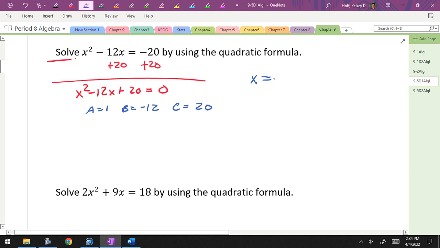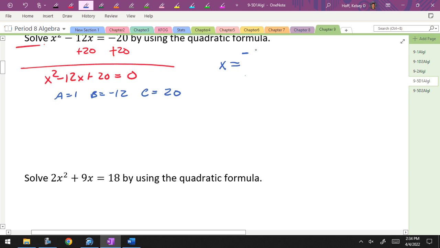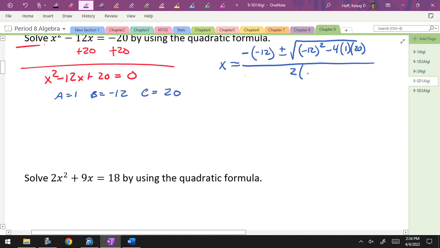X equals negative B. So negative, what is B? Negative 12 plus or minus the square root. Make a big square root. B squared, what's B? Negative 12 squared minus 4 times A, which is 1, times C, which is 20, all over 2 times A, 2 times 1.